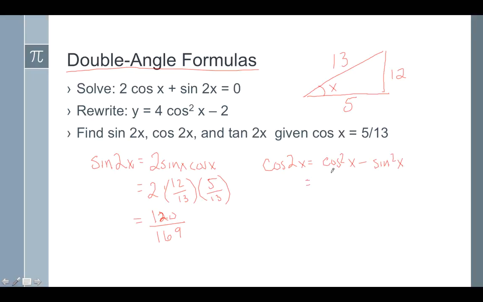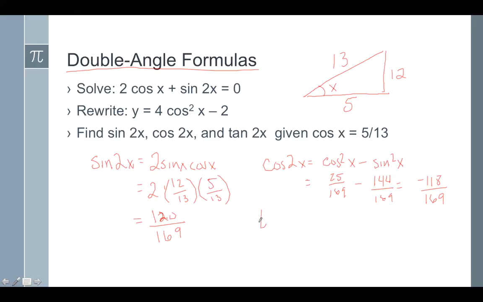And since cosine is 5 over 13, I have to square that to get 25 over 169 minus sine, which is 12 over 13, so it's 144 over 169. And we get negative, what is that? 118 over 169, because I already have common denominators.